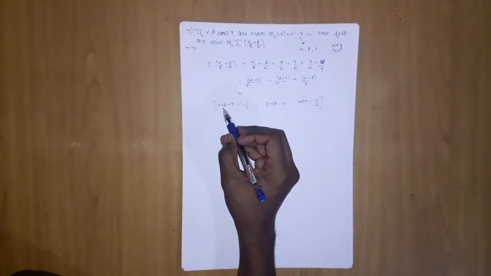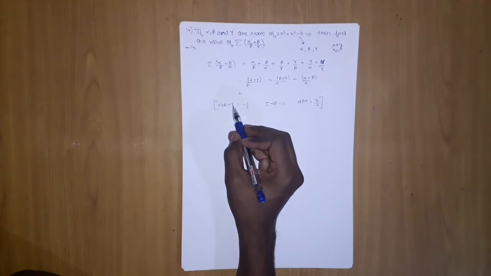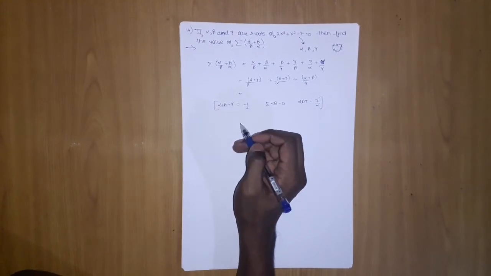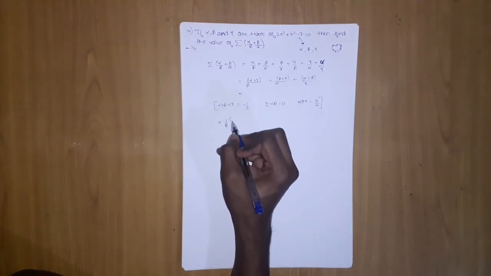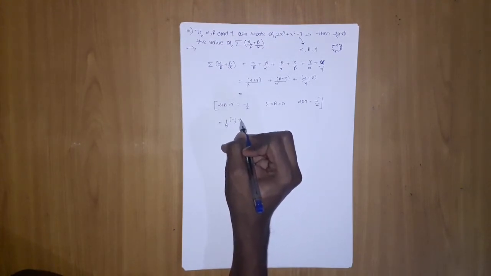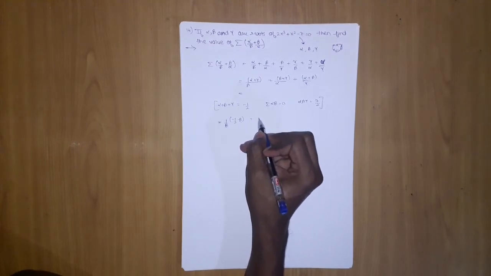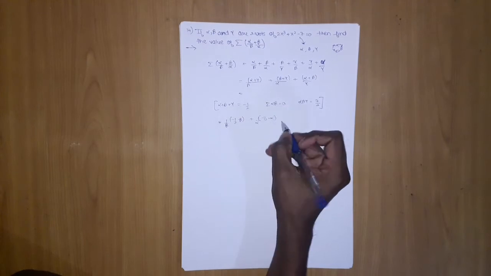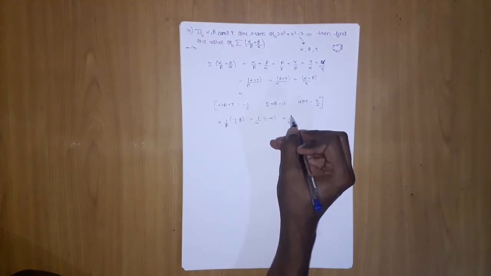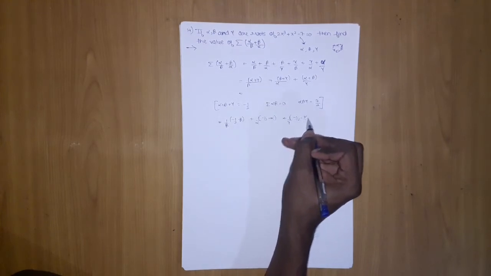So let's replace alpha plus gamma by minus 1 by 2 minus beta. So what we are getting here is minus 1 by 2 minus beta. Similarly here minus 1 by 2 minus alpha, similarly here minus 1 by 2 minus gamma.